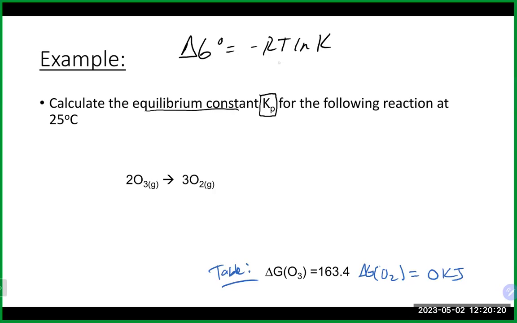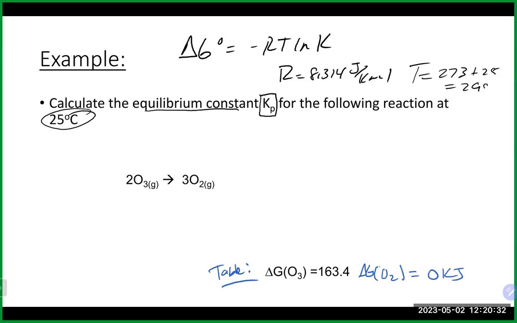So in this case, we do have R, which is a constant, 8.314 joules per Kelvin per mole. We do have our temperature here, where we need to add 273 to give us 298. Delta G we are not given, and we are looking for K. So we will find delta G by going to the table, and we would look up these values, and we would do our products minus our reactants.